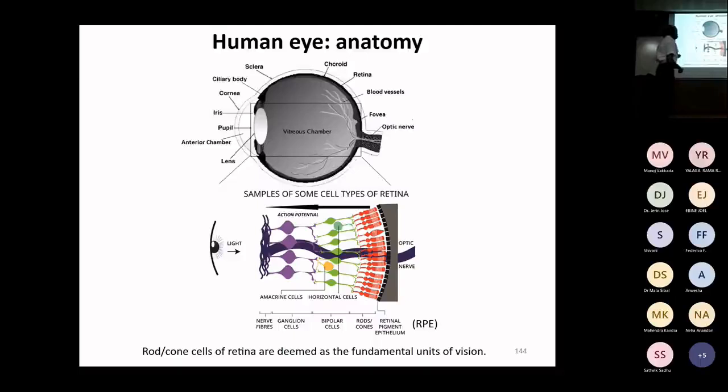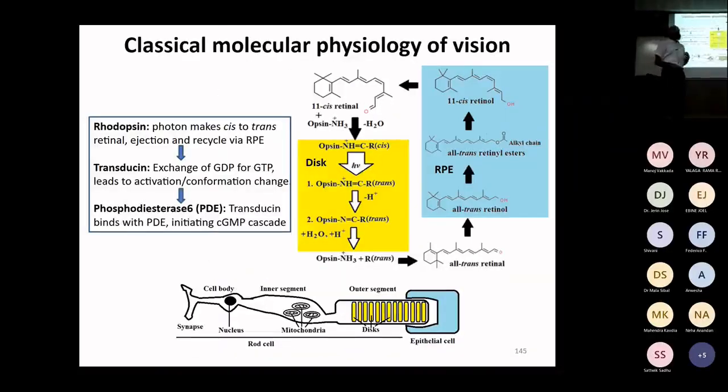Same here. Rods and cones are deemed to be the fundamental units of vision in the classical paradigm that you see now in textbooks. This has also been given a Nobel, and this is the way the signal goes; it's called the visual cycle, so to speak.